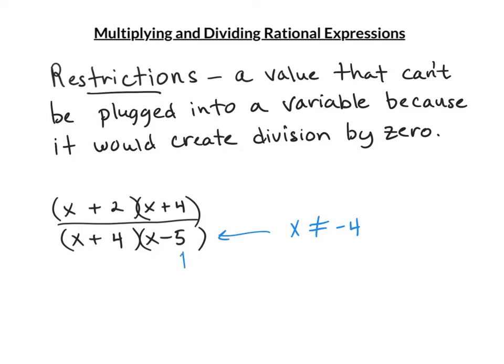Also, right here, you can see that x cannot be 5 because 5 minus 5 is 0. 0 times whatever x plus 4 is 0, and again, I'd be dividing by 0. These are the restrictions. On some questions that we do, I will ask for the restrictions, which would be both of these numbers.